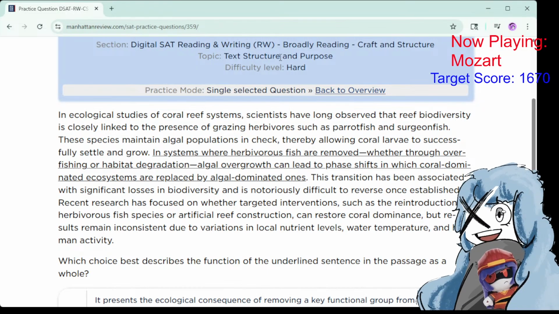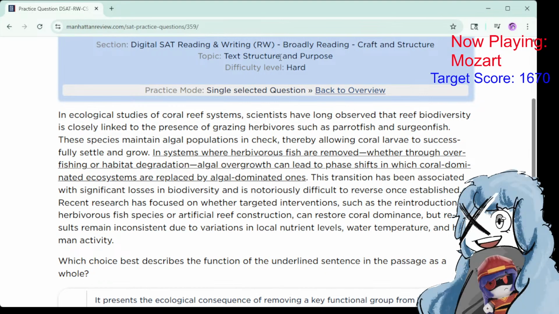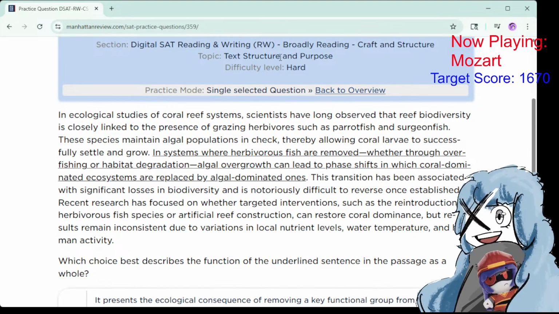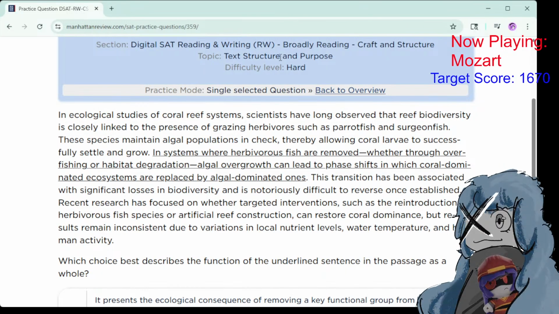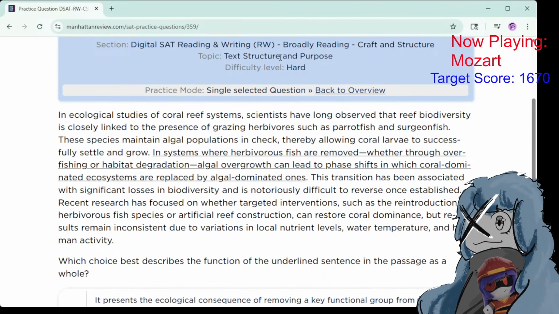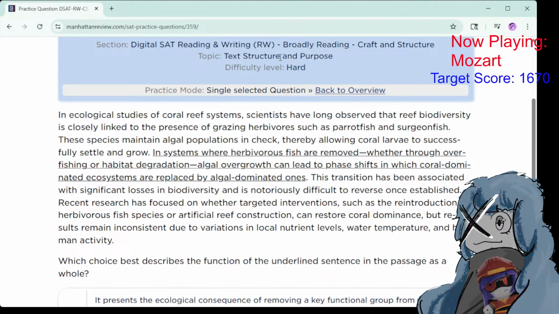In systems where herbivorous fish were removed, whether through overfishing or habitat degradation, algal overgrowth can lead to phase shifts in which coral-dominated ecosystems are replaced by algal-dominated ones. This transition has been associated with significant loss of biodiversity, yada yada.